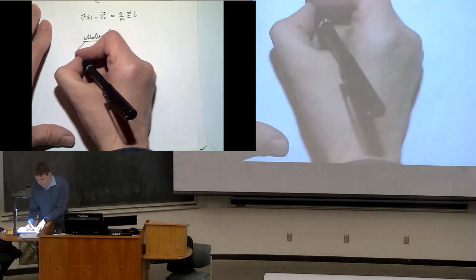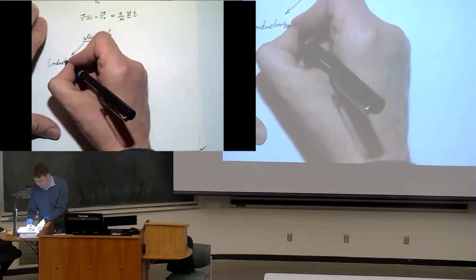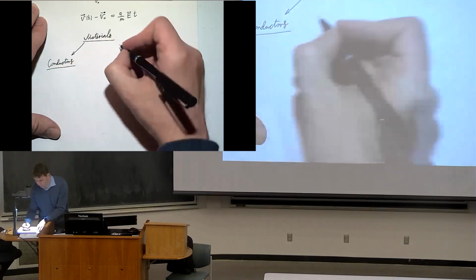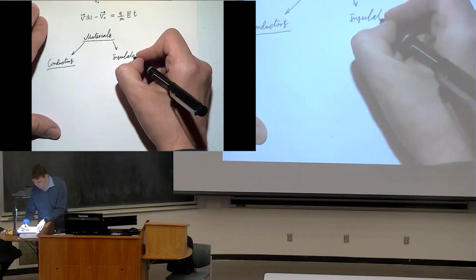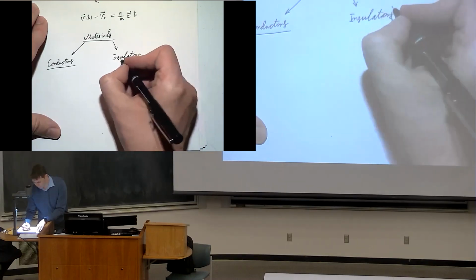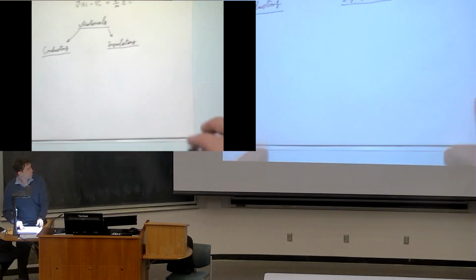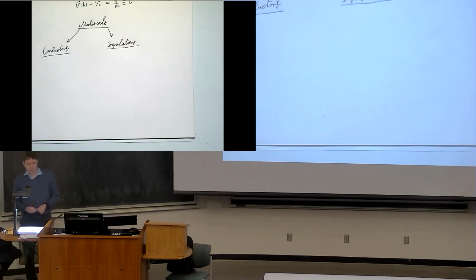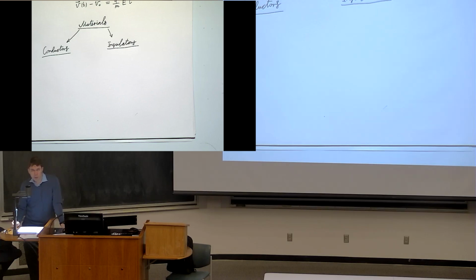There are two types of them: conductors and insulators. And the difference between them is that inside conductors, charges can move. Inside insulators, they cannot.